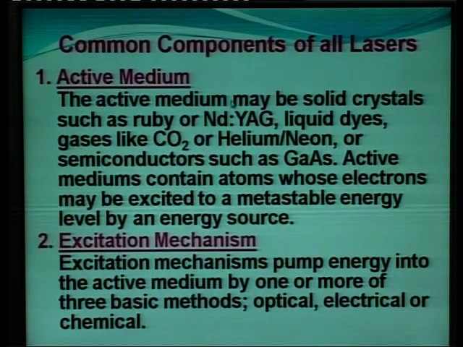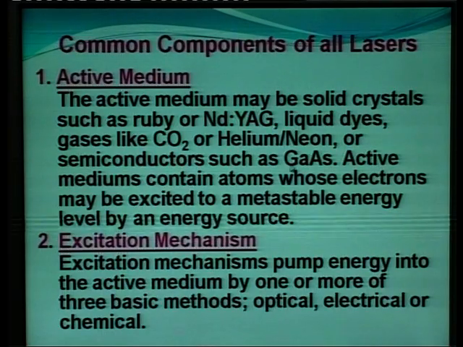So just see the common components of all lasers. What components are required in a laser? An active medium is required. The active medium may be solid crystals such as ruby or Nd:YAG, liquid dyes, gases like CO2 or helium neon, or semiconductors such as gallium arsenide.